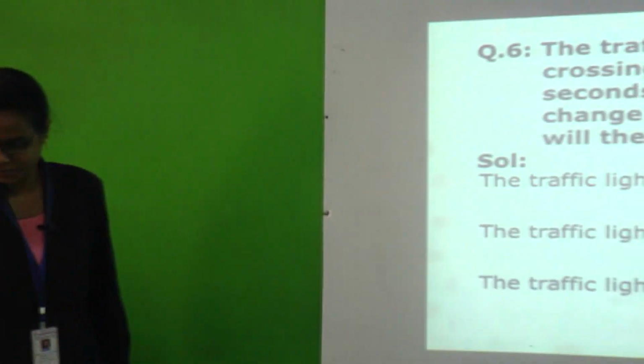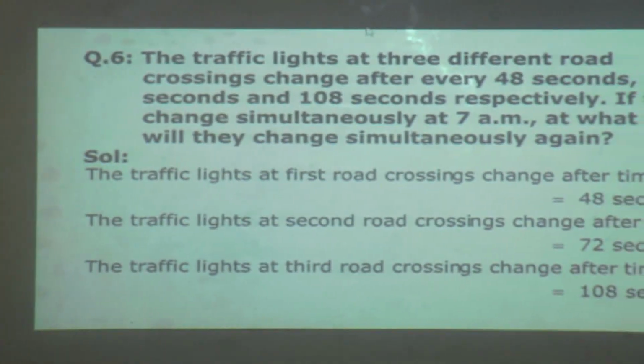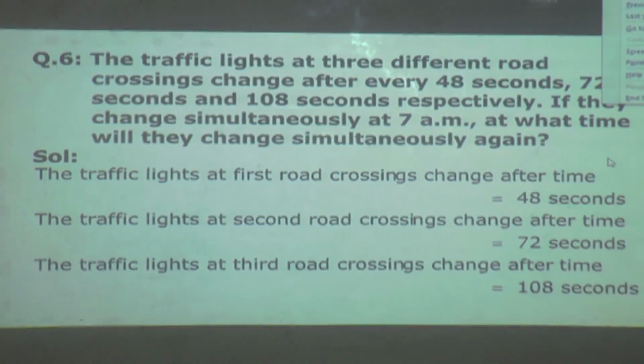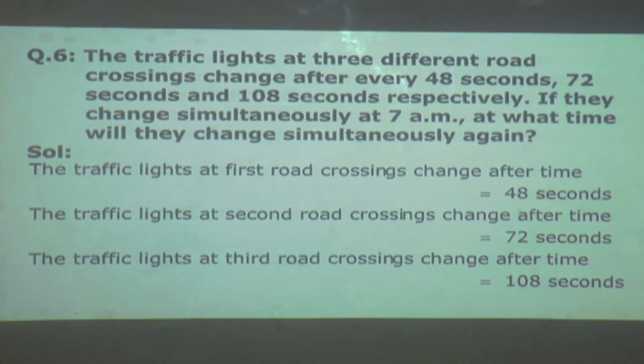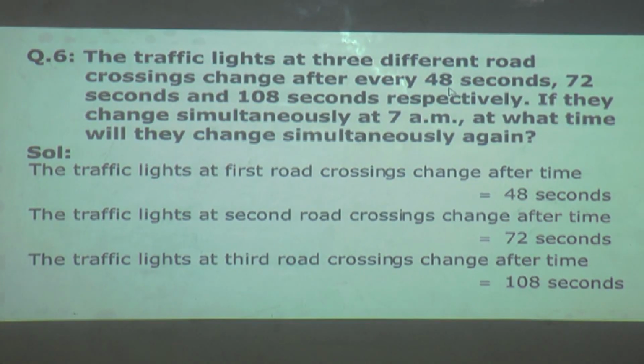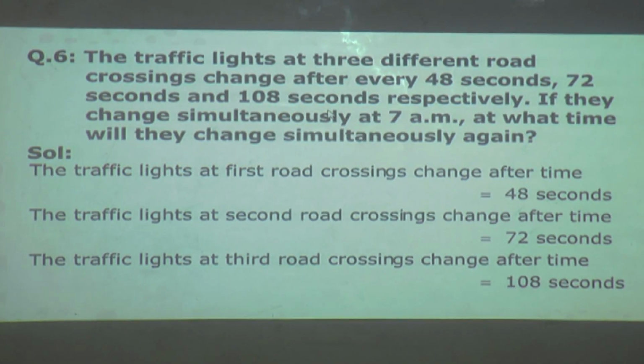See here, the traffic light at three different road crossings change after every 48 seconds, 72 seconds and 108 seconds respectively. It means at a road crossing there are three different traffic lights.